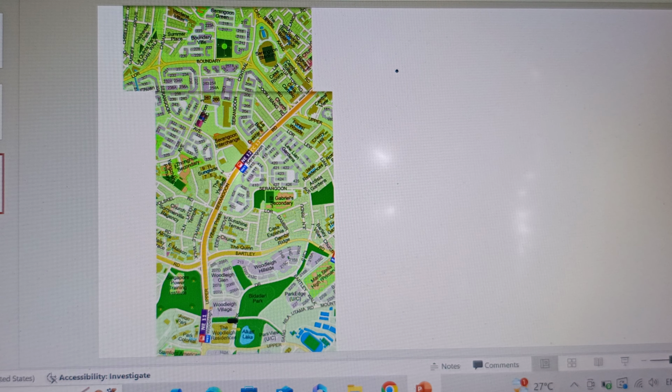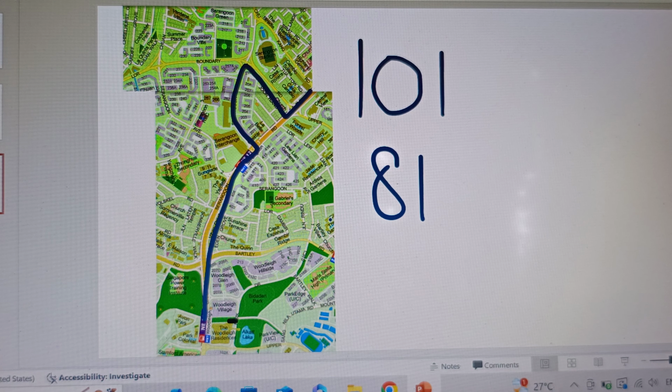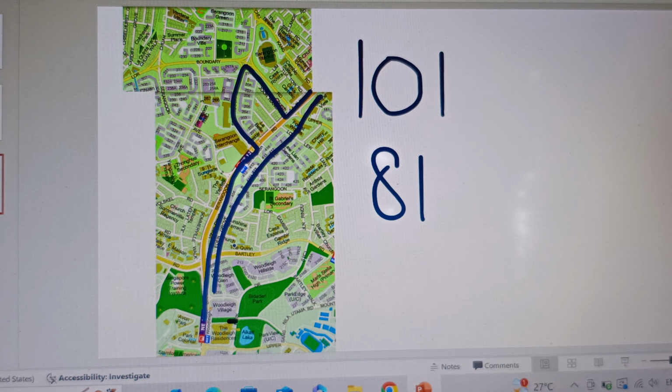And then lastly, what about 101? The truth is, you've already extended 81 to cover this sector. And truthfully speaking, you don't need 101 to do the same thing again.